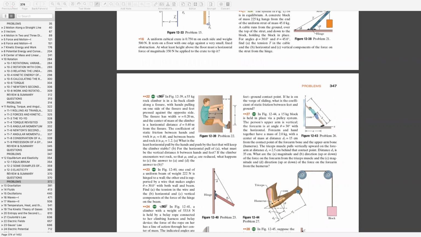So from my understanding, you cannot set the net force to be zero. Wait, you can't set the net force to be zero? Wait, you have friction, right? Yeah, it's friction, so we'll have to calculate the friction.